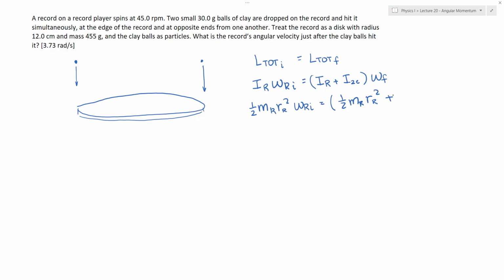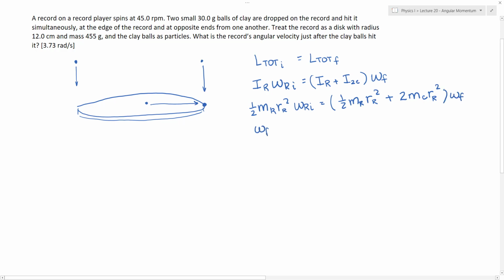We're treating them as particles. The moment of inertia of a particle is just m r squared, but we have two of them, so it'll be 2 mass of one of those balls of clay, r squared. The r is the distance from where the clay is to the axis of rotation, which is still the radius of that record. So it's the same r in every case, times omega final.